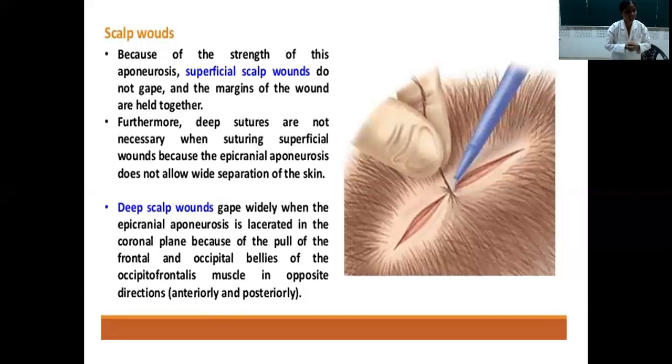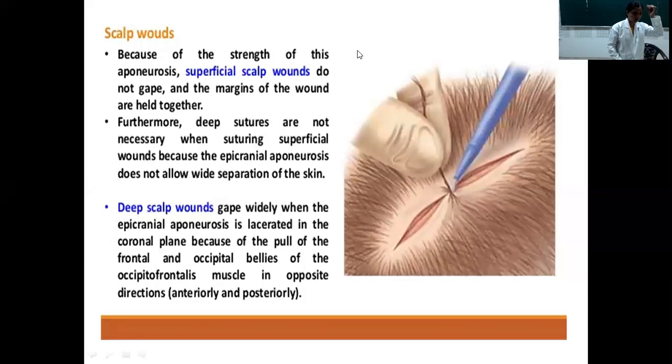Then coming to scalp wounds. Because of the strength of this aponeurosis, superficial scalp wounds do not gap.